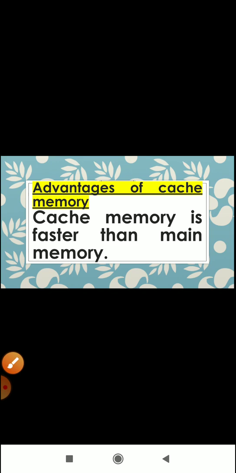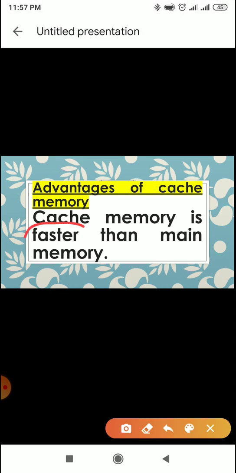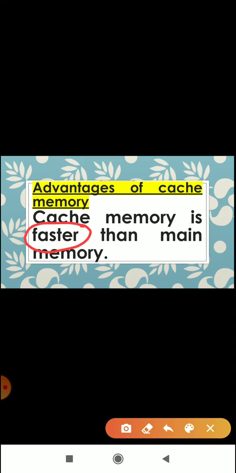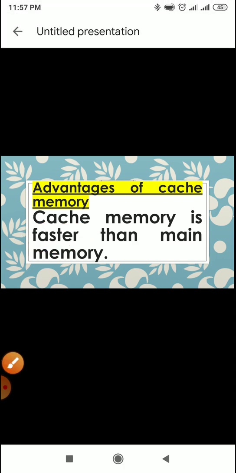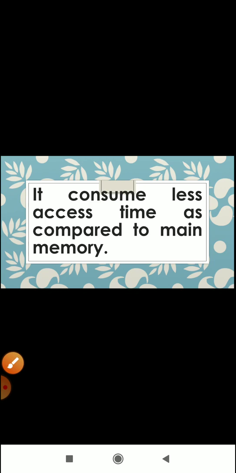Now the advantages of cache memory. Cache memory is faster than the main memory. Which memory? The primary memory. It consumes less access time as compared to main memory.